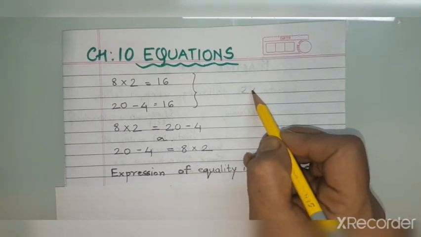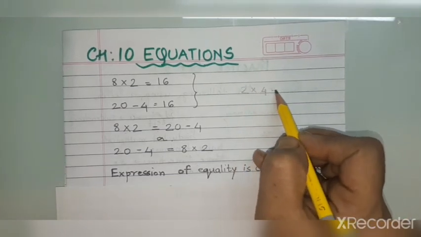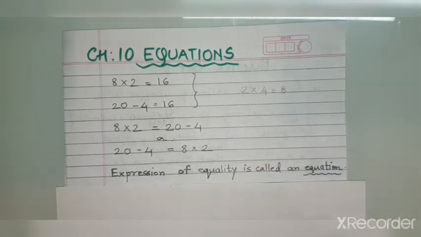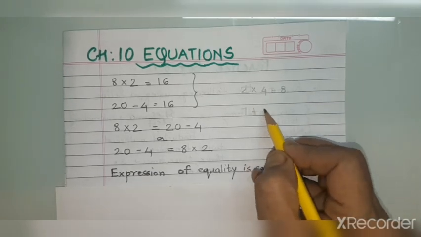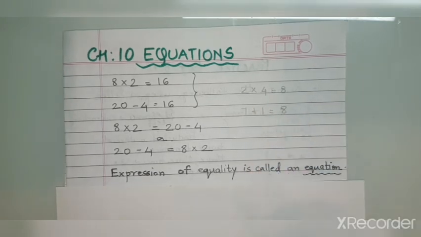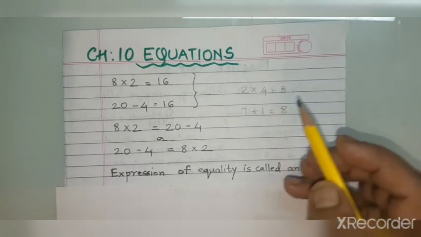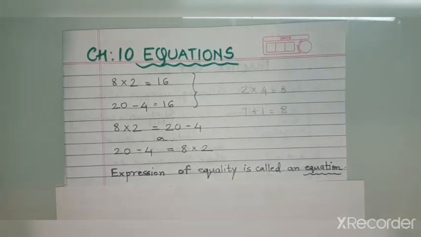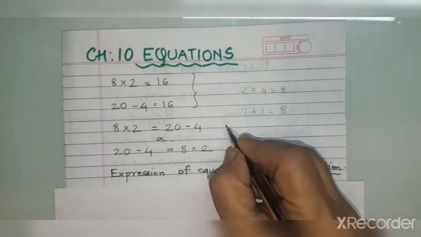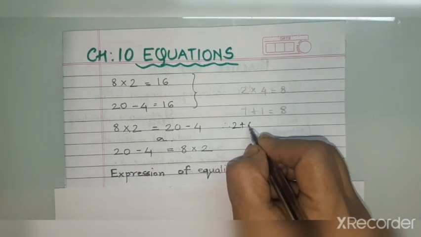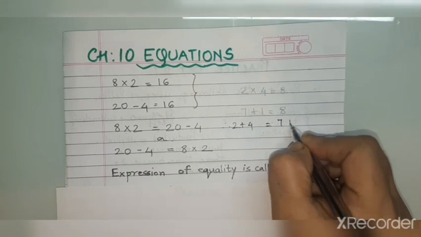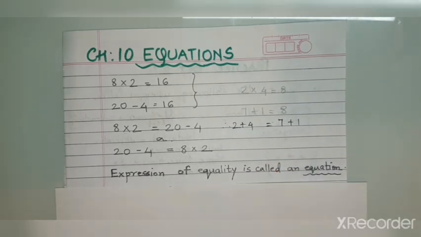Maybe 2 4s are 8 and any other expression which gives you the answer 8. So it can be 7 plus 1 is equal to 8. Since 8 is equal to 8, I can write here, therefore 2 fours are 8 is equal to 7 plus 1.